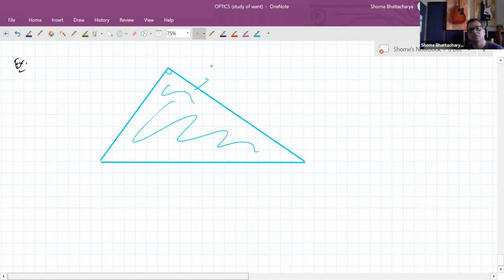So we have a transparent prism made of some kind of acrylic material. So its refractive index is 1.2. Okay, so it's not exactly glass. Glass has a refractive index of 1.5, and this angle is 90 degree.